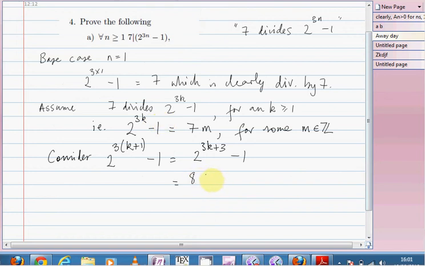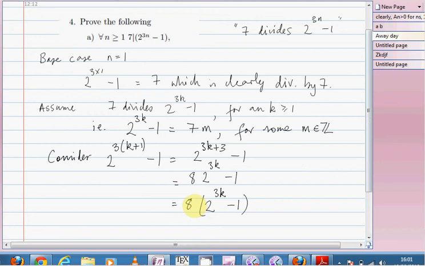So working on this, this is 8 times 2 to the 3k minus 1. Well, that's good. It's starting to look like my factor is appearing here. So really what I want is an expression where I have this factor and some other stuff. So I'm going to need an 8 in front. Give me my 8 times 2 to the 3k.